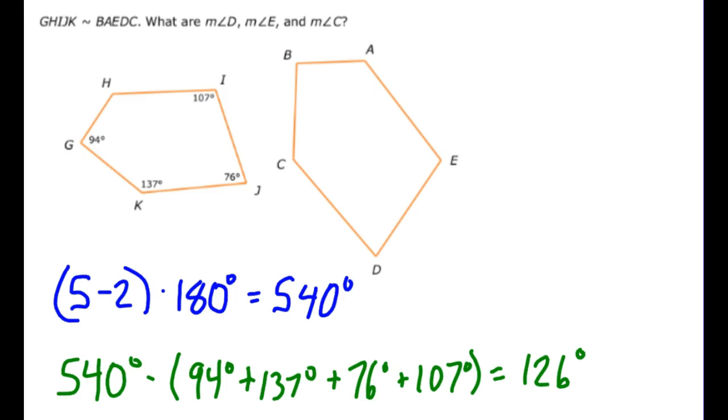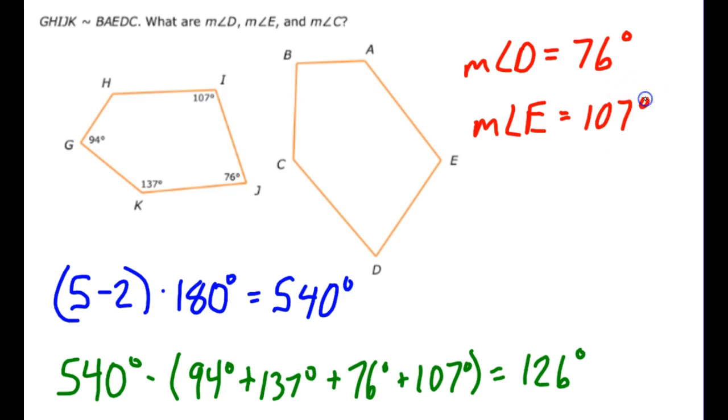Now we're going to go back to the similarity statement. If we're looking for angle D, D corresponds to angle J. So the measure of angle D is equal to the measure of angle J, which is 76 degrees. Now if we want to find the measure of angle E, E corresponds to I, so that will be 107 degrees.